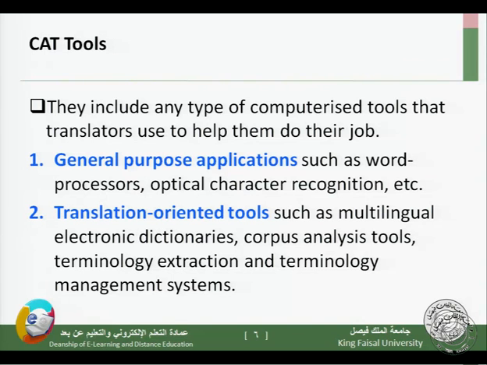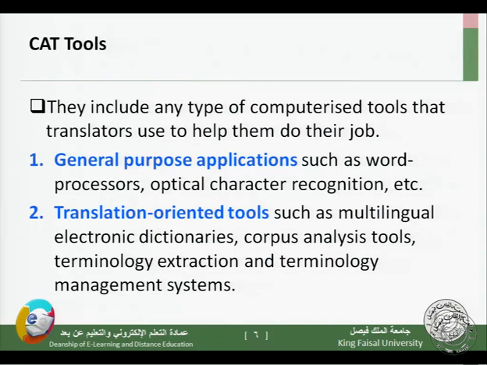But we have two types: general purpose applications, such as word processor, optical character recognition, etc. General purpose processors, like the word processor, Windows, and so on. So you use them, and they are called tools.